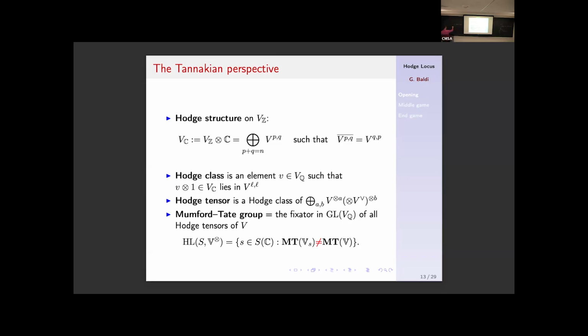Each point x gives you a group G_x, which lies inside G, and it can be smaller. When it's smaller, it means that the little point x has extra symmetries.